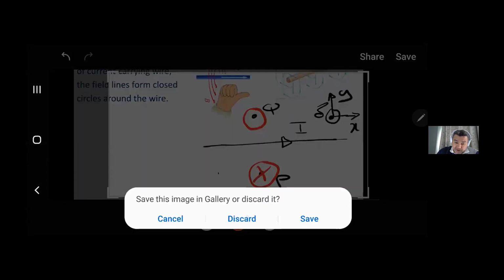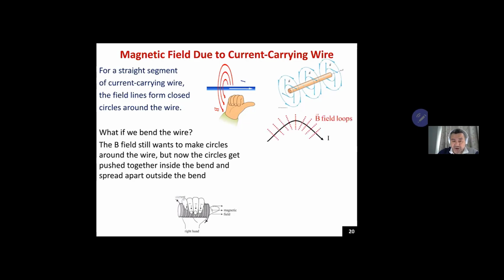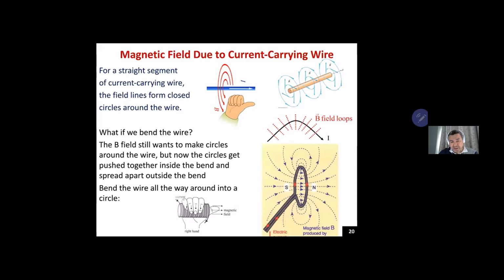So if we have the straight wire, we said that we take the thumb as the direction of the wire, and the fingers will give me the direction of the magnetic field. Now, if I bend this wire, you see that the magnetic field will follow those bends until I make it a loop.